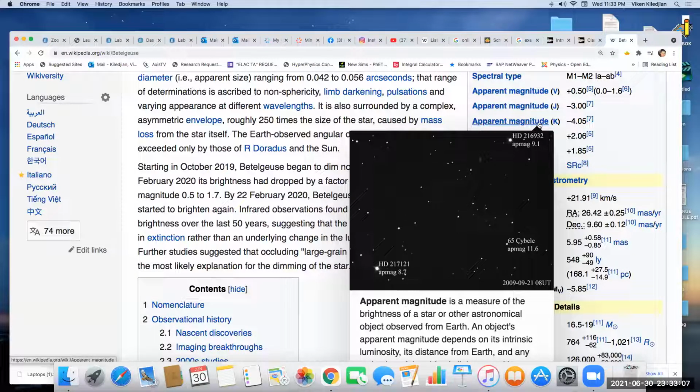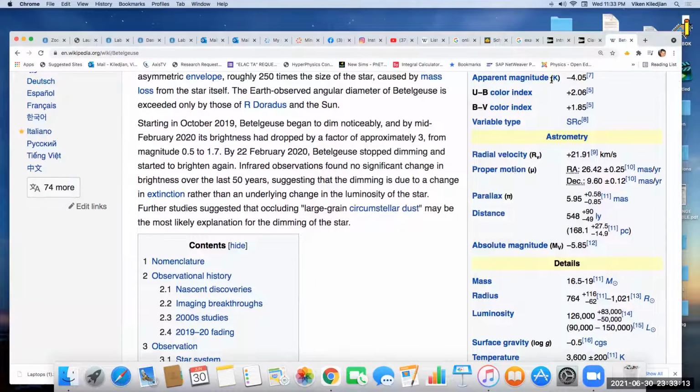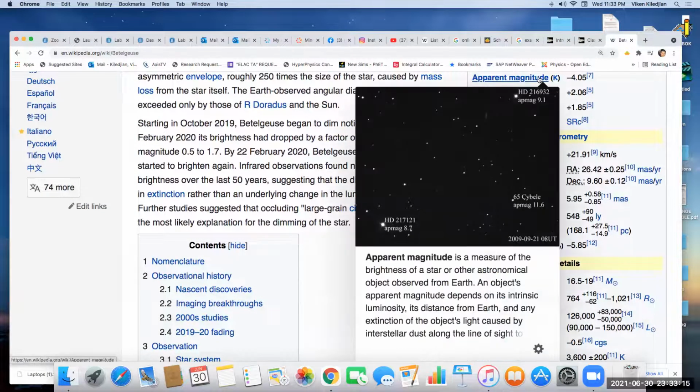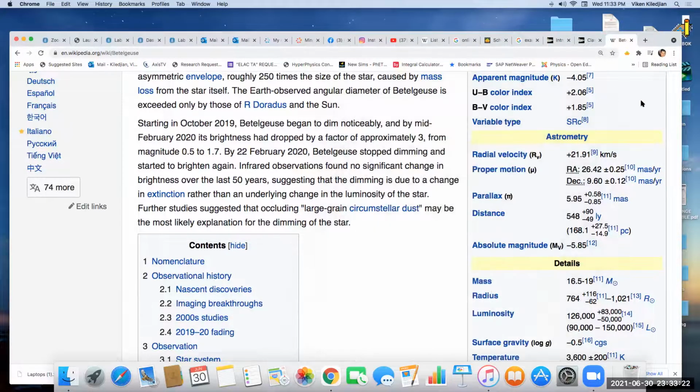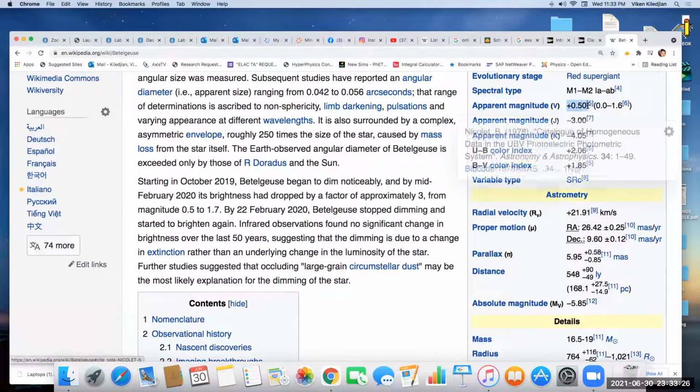An object's apparent magnitude depends on its intrinsic luminosity, its distance from Earth, and any extinction of the object's light caused by the interstellar dust along the line of sight. I believe the one we're using for apparent luminosity is this one, the 0.5. In other words, how bright does that star appear in the visible spectrum? That's the one that we're using.